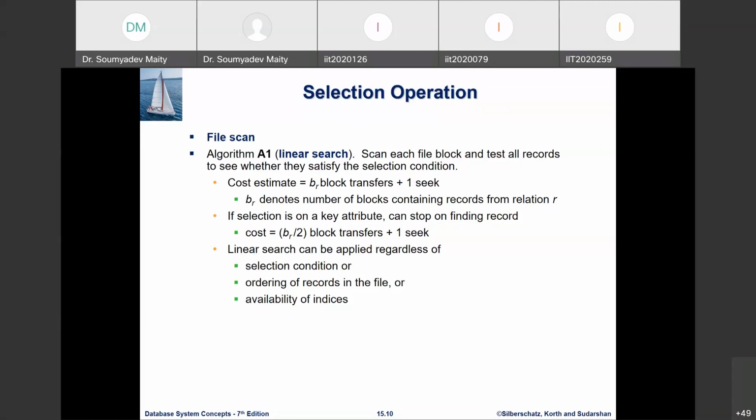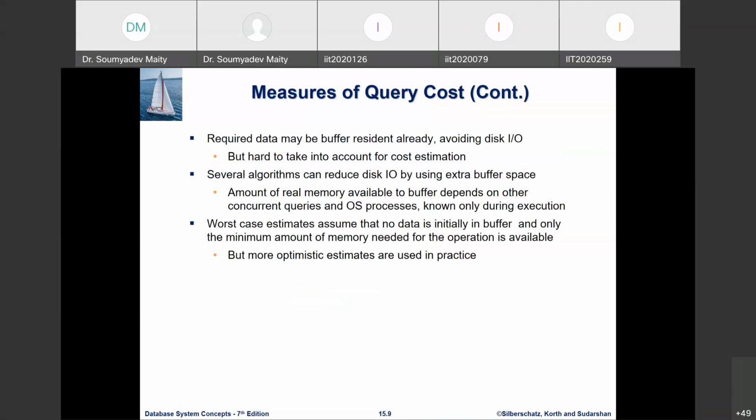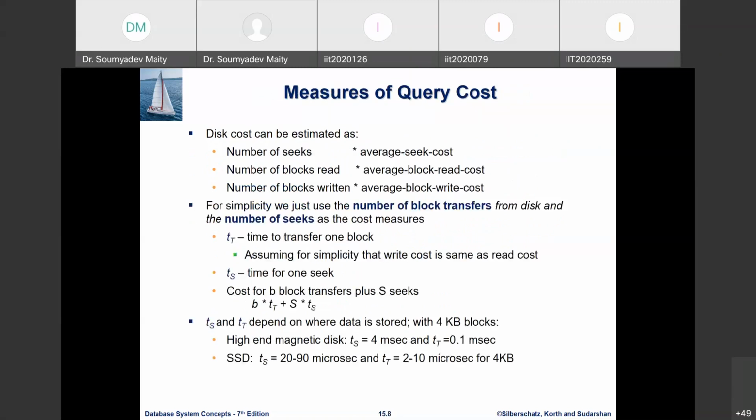Now, how much time does one block transfer take? Suppose that is TT. TT is the time to transfer one particular block, and TS is the time for one seek, one arm movement.